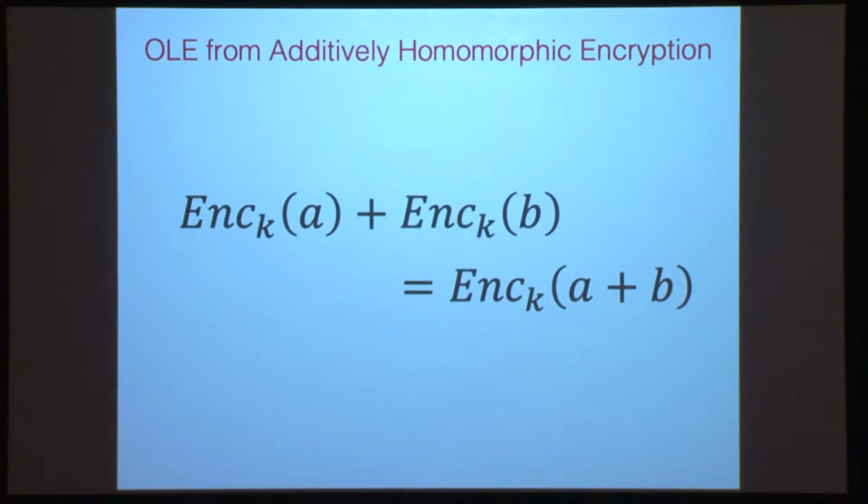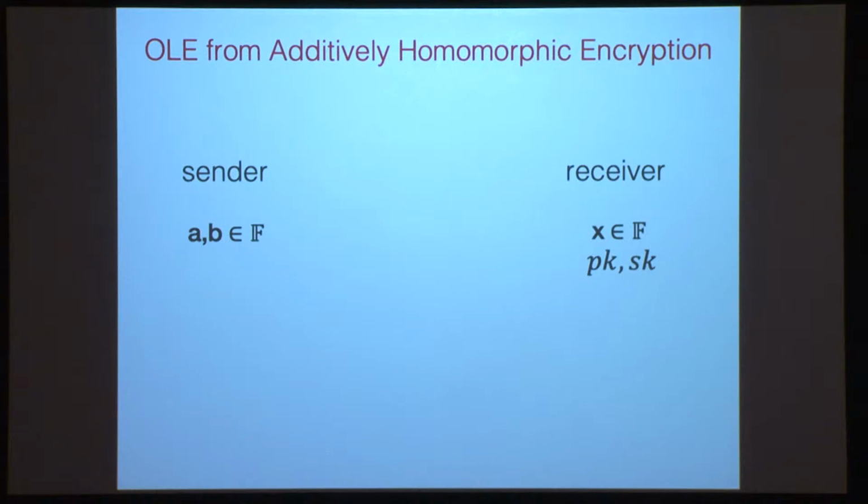We all know there is even fully homomorphic encryption, but here we're just talking about a simple additively homomorphic encryption where, if I have encryptions of A and B, just operating on the ciphertexts, I can get an encryption of the sum of the plaintexts. Actually I need a public key variant of this, which is again easy to get. Let's say that I have a public key version of this additively homomorphic encryption to get an OLE.